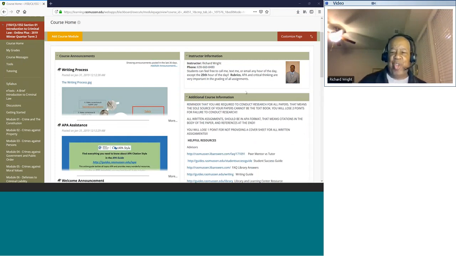Rubrics are so important to determine your grade. Many of you lose points because you don't follow the rubric, or you don't satisfy all sections of the rubric. When you complete your paper, make sure that you have complied with all sections of the rubric to maximize your grade.